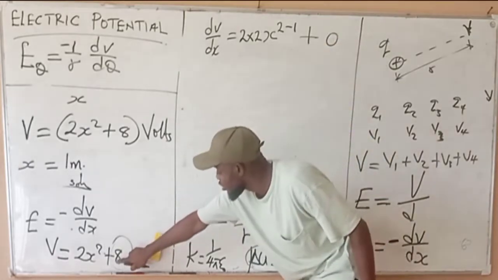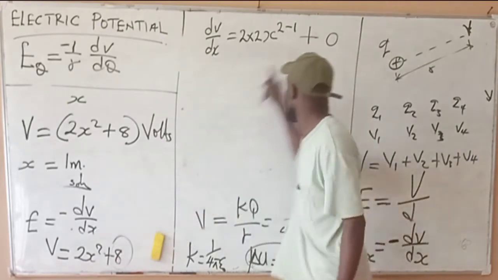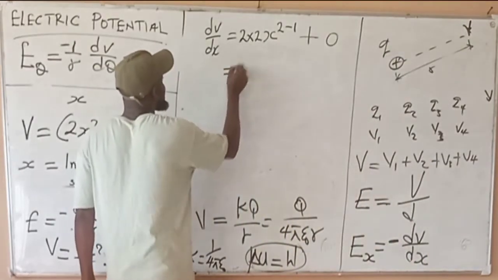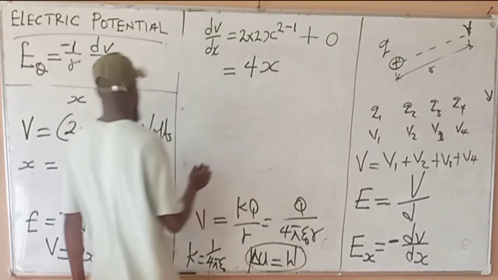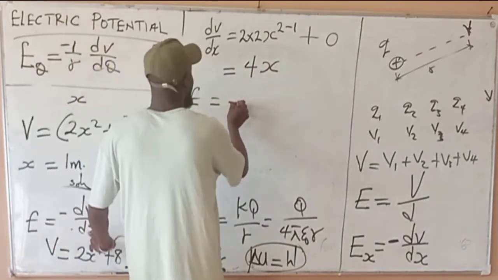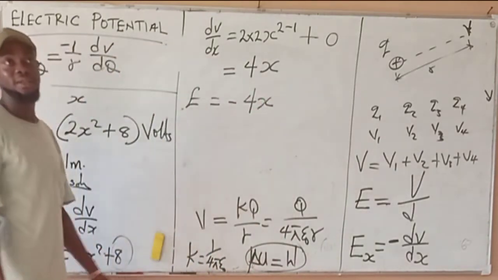Then, 2 times 2 is 4, and 2 minus 1 is 1, so x. So our E will now be minus dV over dx, which is minus 4x. This will be our electric field.